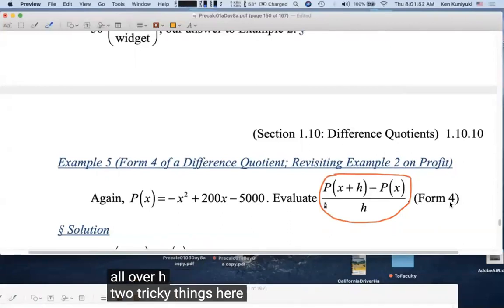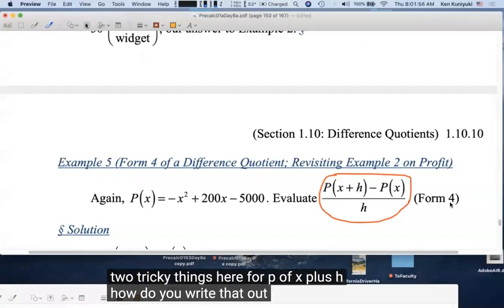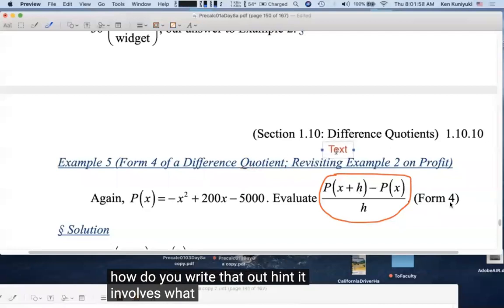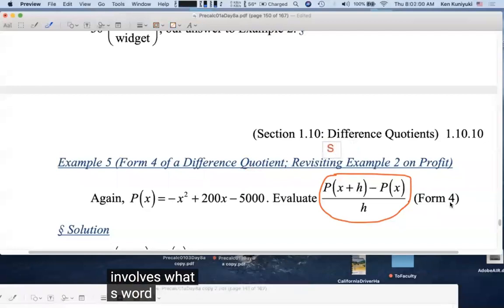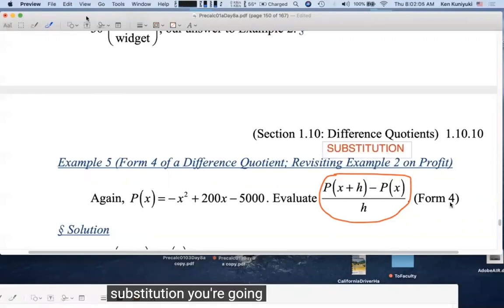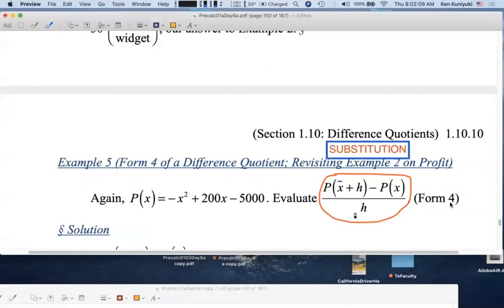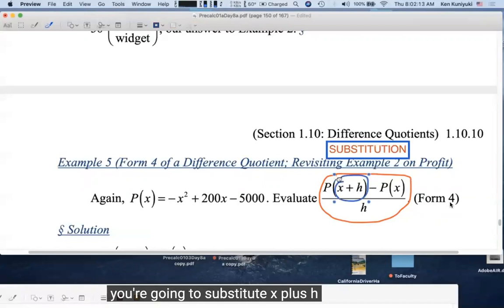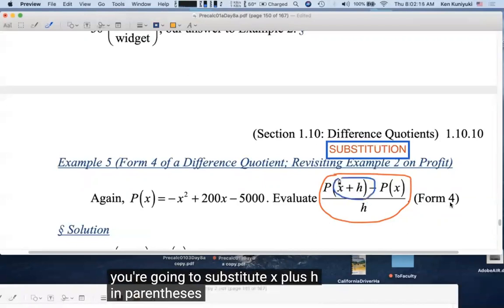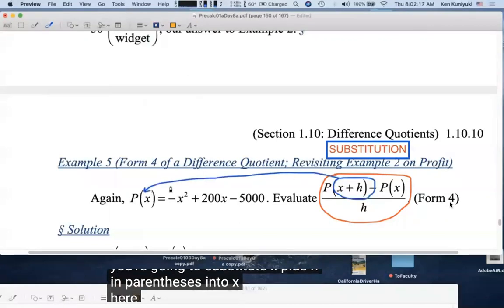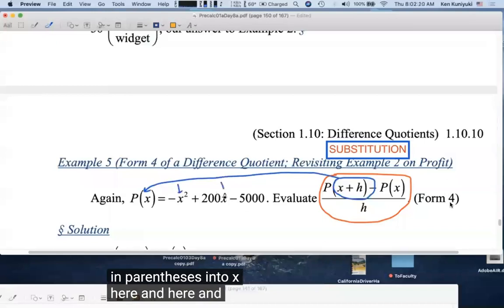Two tricky things here. For P of x plus h, how do you write that out? Hint, it involves what? S word. Substitution. You're going to substitute x plus h in parentheses into x here and here and here.